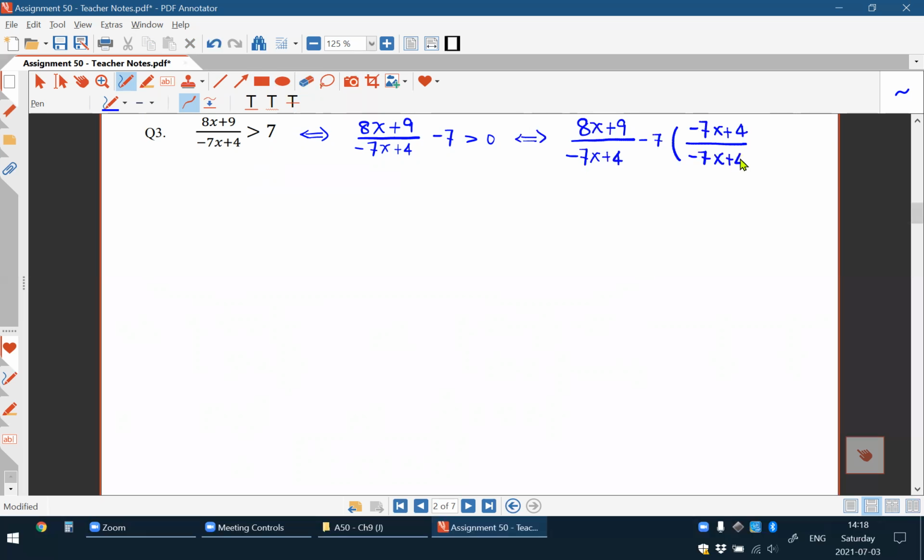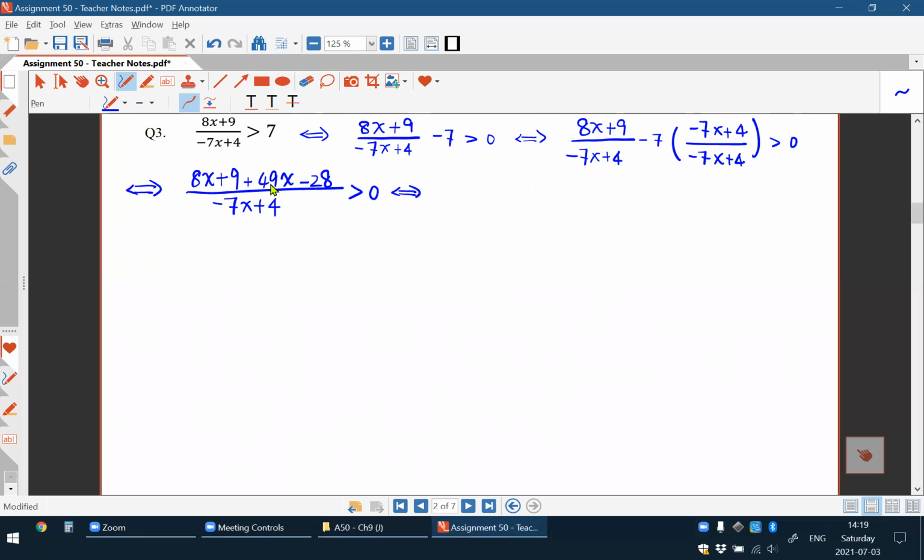And this is equivalent to expand the numerator. The minus 7 times minus 7x gives us 49x. And minus 7 times 4 gives us minus 28, right? Okay, common denominator is minus 7x plus 4. And this should be above 0.